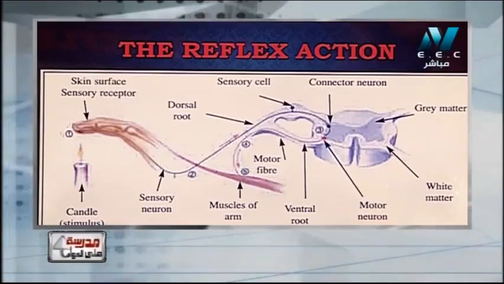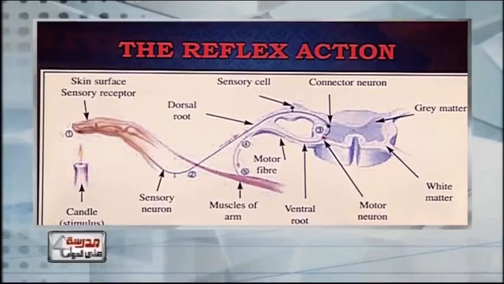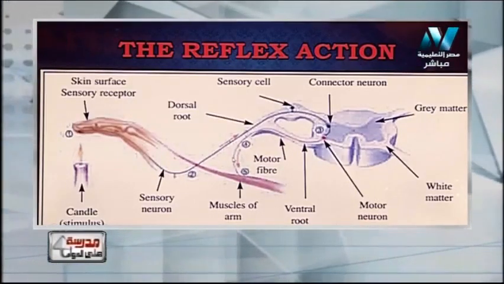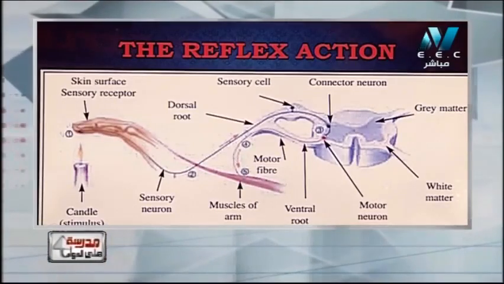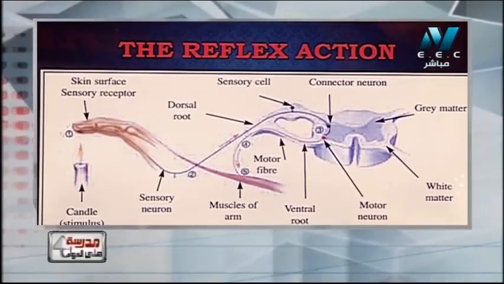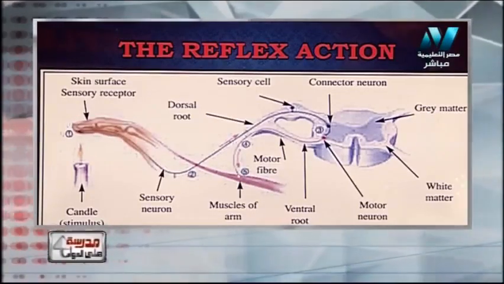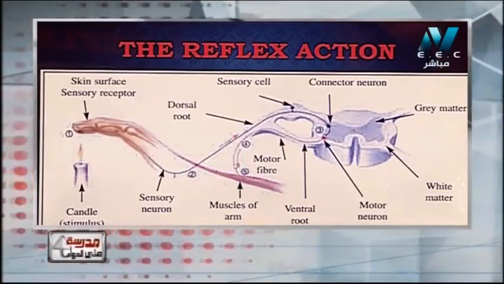And from the spinal cord there is another root coming out from it, including the motor nerve, and the motor nerve is composed of motor neurons, and these motor neurons go to the target organs that are glands or muscles.